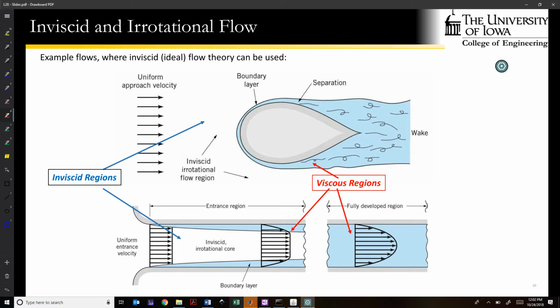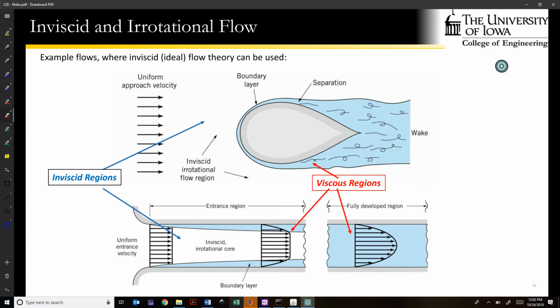And so if we have the flow really near a solid object, or if we have the flow way at the very end of a pipe where the shear stress has had time to affect the entire flow, then those are areas where this ideal flow theory doesn't work. However, huge regions of flow, for example, between the boundary layers in a pipe, or anywhere outside of the boundary layer away from the flow around an airfoil, we don't have any appreciable velocity gradients.